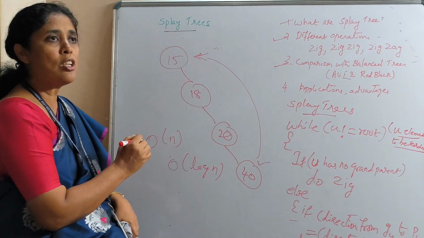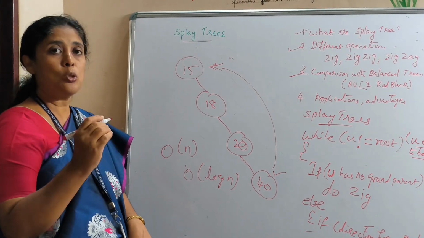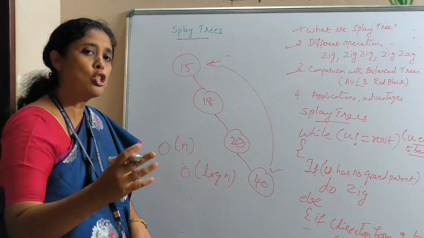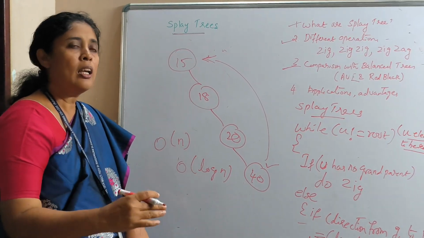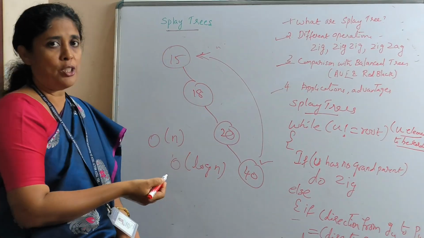So SPLAY trees are mainly used when the same data is used frequently in different operations. That is what I can say about the applications or advantages of SPLAY trees.